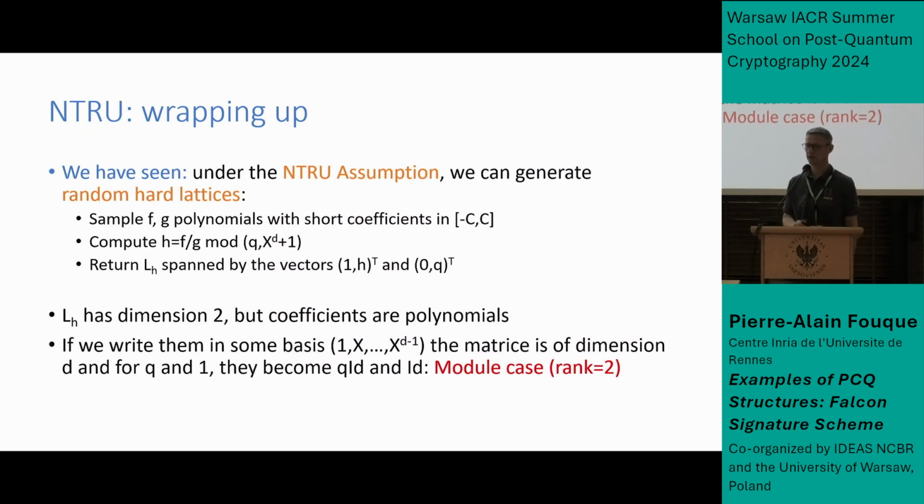And then, as Daniele explained, you can always, in fact, rewrite everything in the polynomial basis here. Yeah, and you will get, in fact, a much larger matrix. It will be of dimension 2d now. And in fact, so the polynomial 1 and q is just, in fact, q over the diagonal.